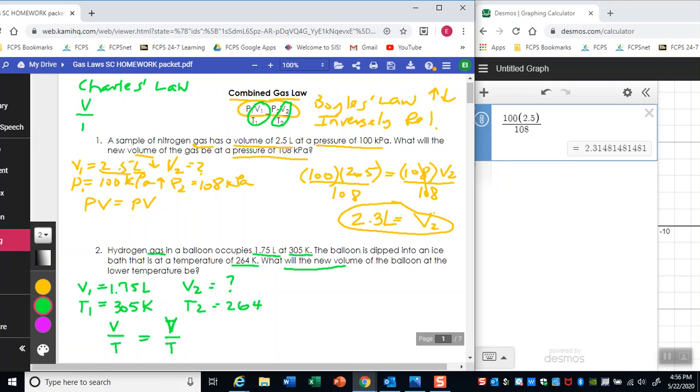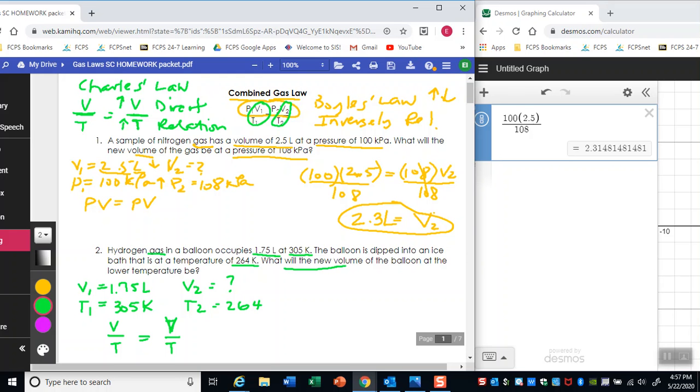Volume divided by temperature equals volume divided by temperature. That means it's a direct relationship. What that means is if the volume goes up, the temperature goes up, and vice versa. They both act the same. If one increases, the other increases.